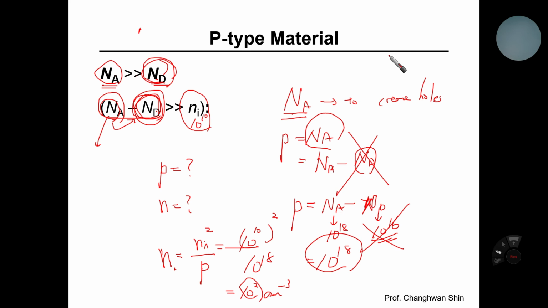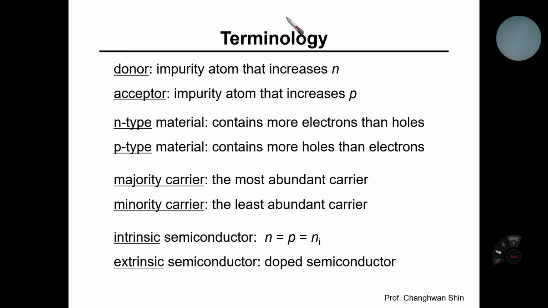So p-type silicon material means it has a bunch of holes compared against electrons. Electrons are very rare, whereas in the previous lecture on n-type material, the most abundant carrier was the electron.